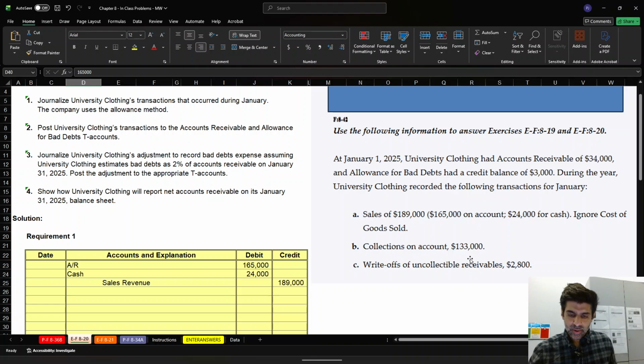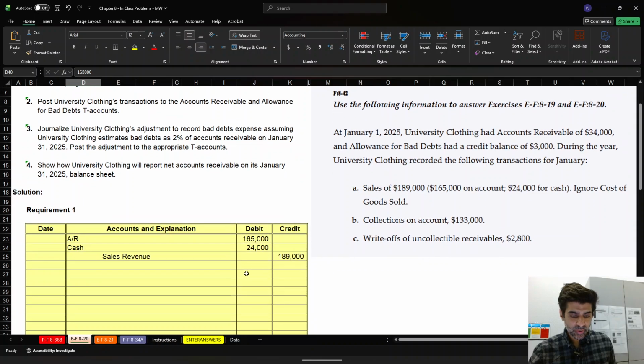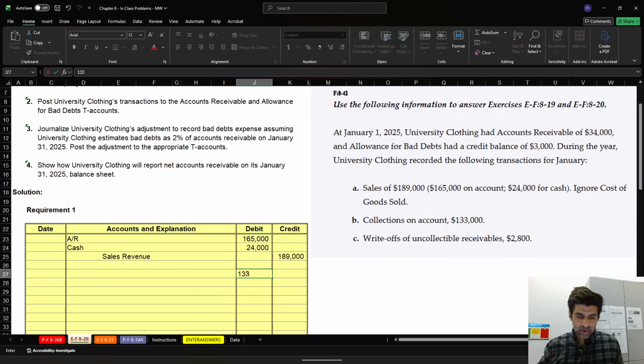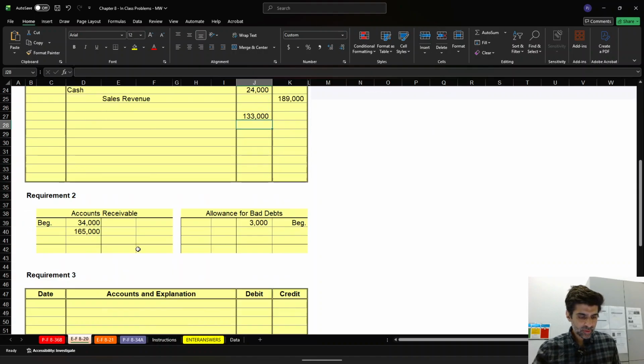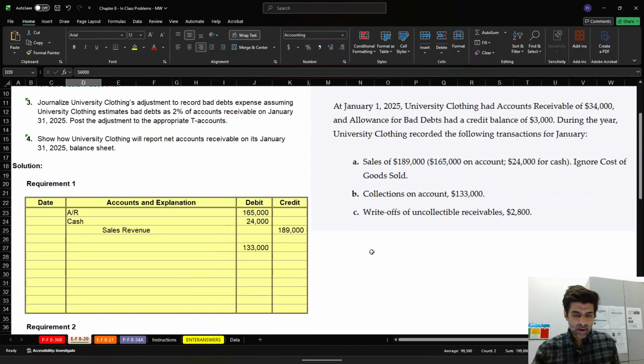Collections on account, 133,000. What that means is that of this total, right now we have 199,000, and 133,000 of that got collected. Those customers paid us, so we're receiving cash and reducing accounts receivable.